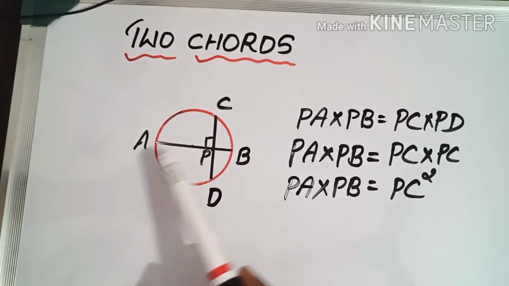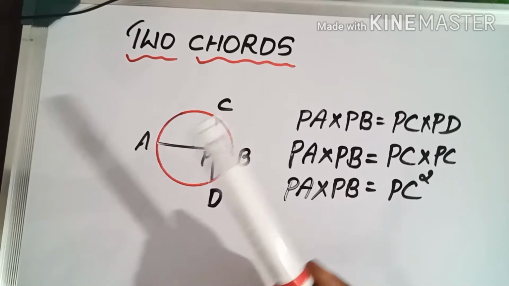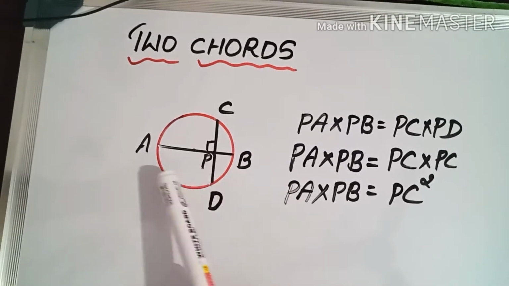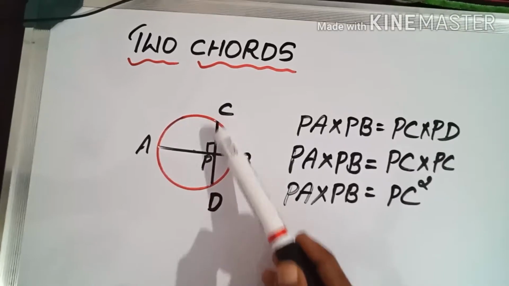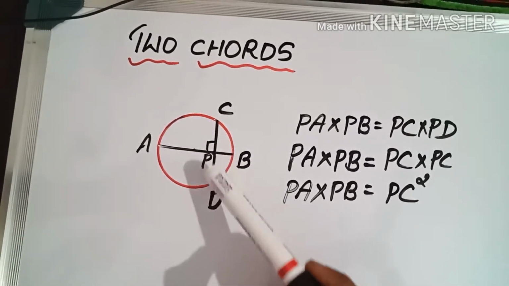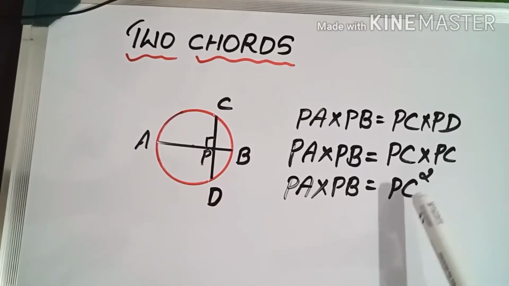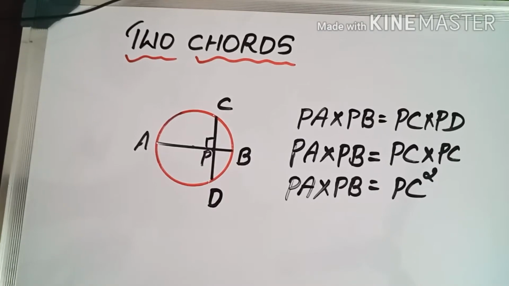Out of the two chords, if one chord is a diameter and the other is a simple chord, then the product of parts of the diameter will be equal to the square of half the chord. Same PC into PD, since these two are the same, we are using the square, that is the square of half the chord. This is the third one.